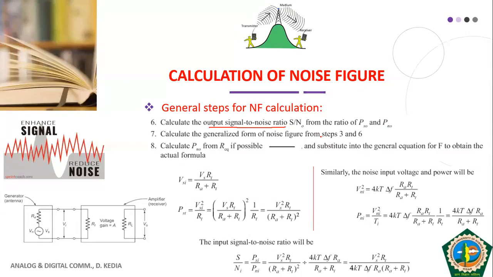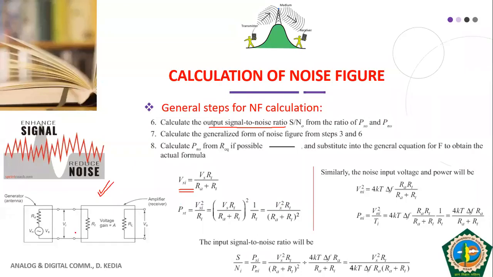Now let us see, with the help of further mathematical analysis, by taking the circuit that we have considered here, how to obtain noise figure in this case. First, let us find out the input signal voltage.